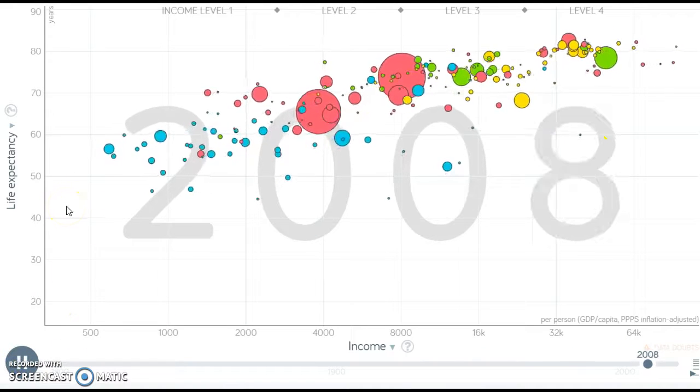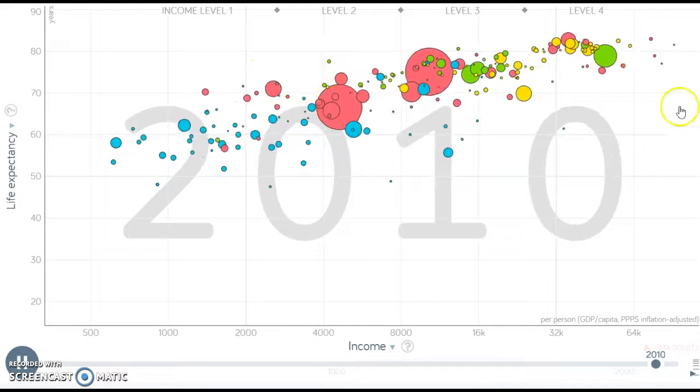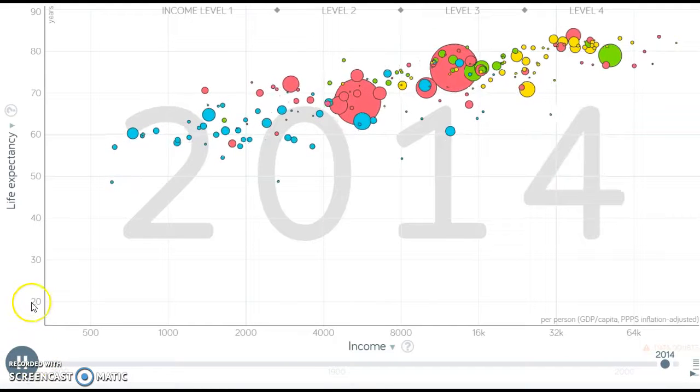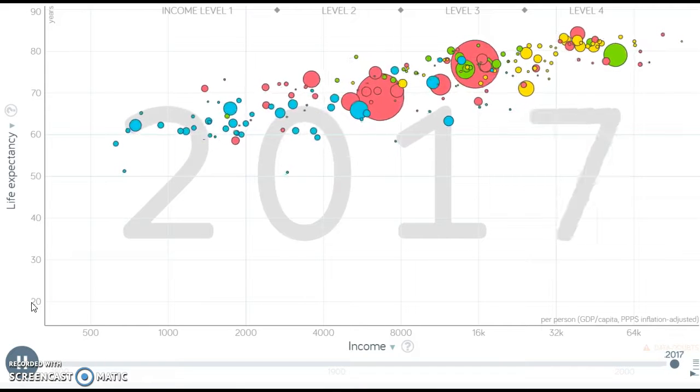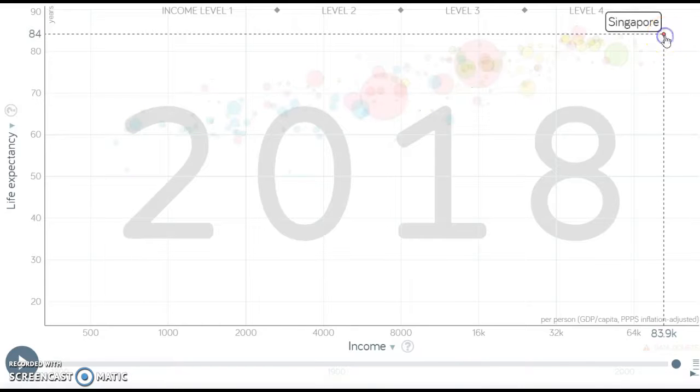Countries like Côte d'Ivoire and Bangladesh have similar income levels but different life expectancy. This is attributed to the differences in regions, because African countries tend to have lower life expectancies compared to Asian countries like Bangladesh.